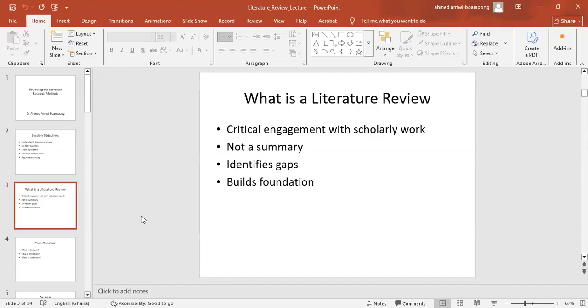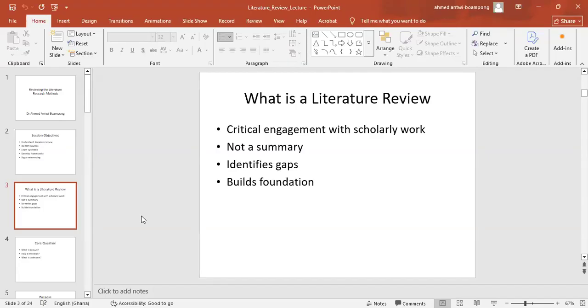So what does that mean in practice? It means that you'll be doing three things. You are identifying what is known. As a researcher, you have a topic you want to conduct your research on. You want to be critical and systematic in engaging with existing scholarly work within your domain.